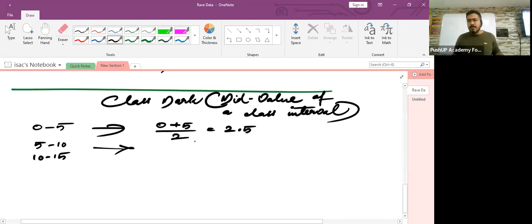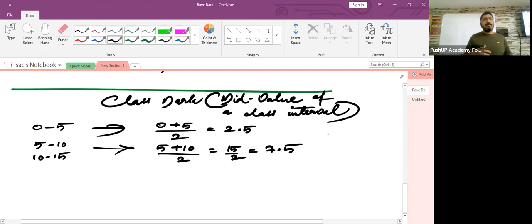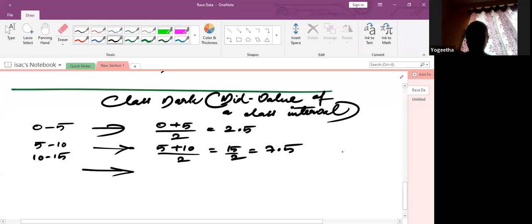Let's find the mid value of 5 to 10. How will you find it? The average of 5 and 10. So 5 plus 10 is what? 15. And 15 by 2 is what? 7.5. This is known as the mid value of a class interval, and the term mid value can also be replaced with class mark. Okay. Yogita, did you follow everything so far? Yes, sir. Okay. Lima?